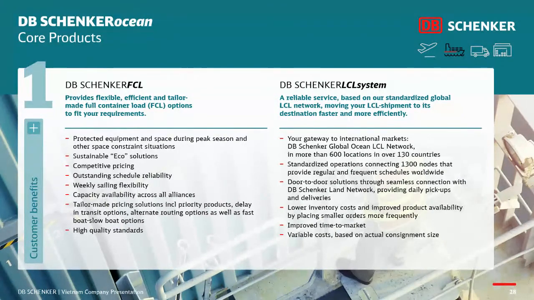But in case you don't have enough cargo to stuff a full container, we can receive a small volume, like 1 or 2 or 3 CBM. And the way we deliver for those we call less container loading: we combine all the customers who have less container loads and stuff them all in a full container.